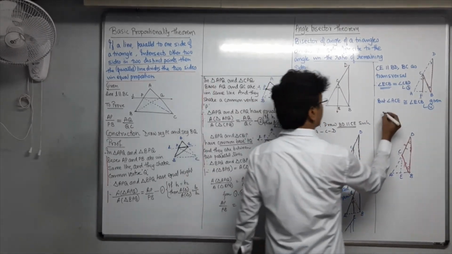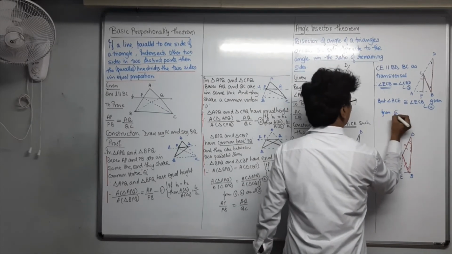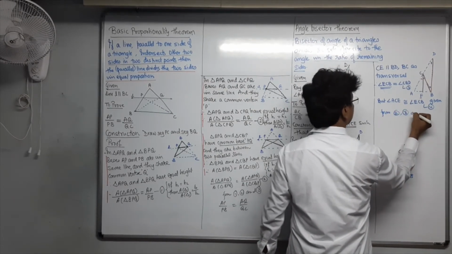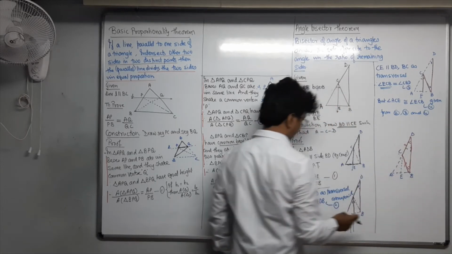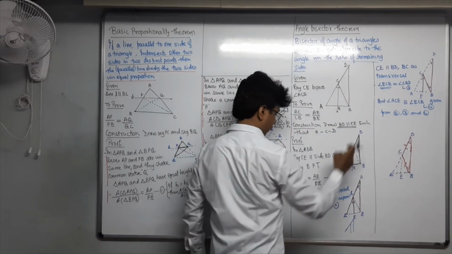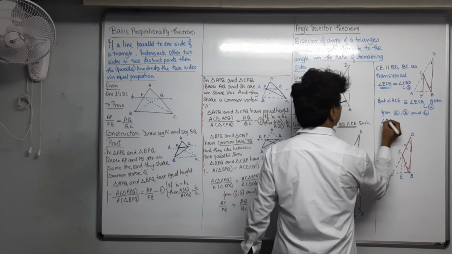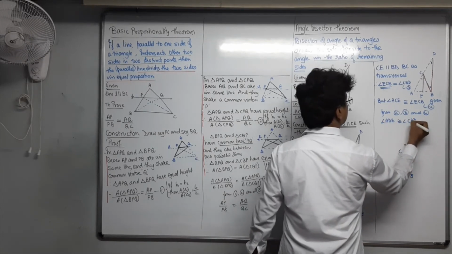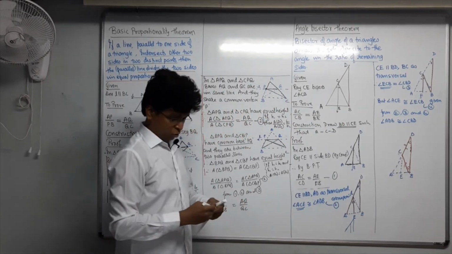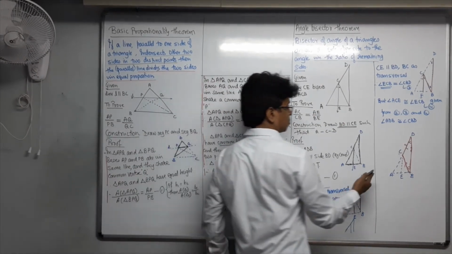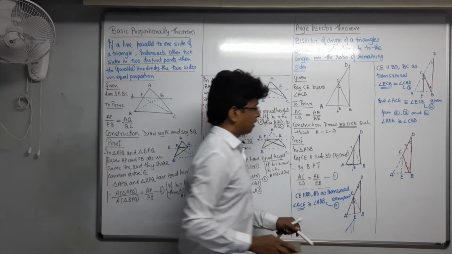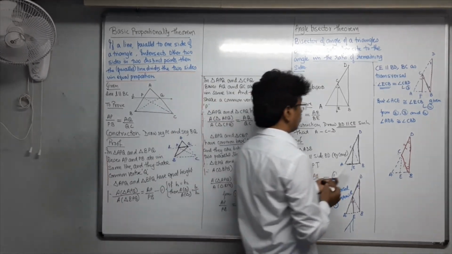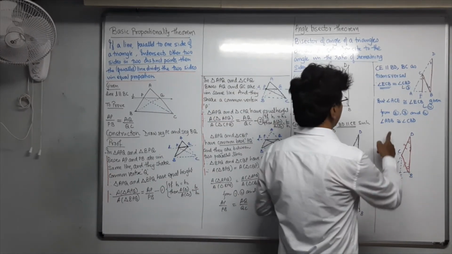So from 2, 3 and 4, what do I get? These two are congruent. Therefore, angle ADB is congruent to angle CBD. Okay, my dear students, I have to rub this now. Sorry if you need this. I'll manage this. I don't want to rub it because if you want to refer, you have it. So ADB is congruent to CBD.